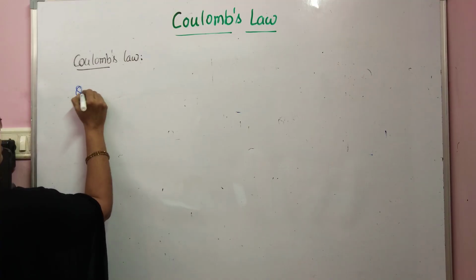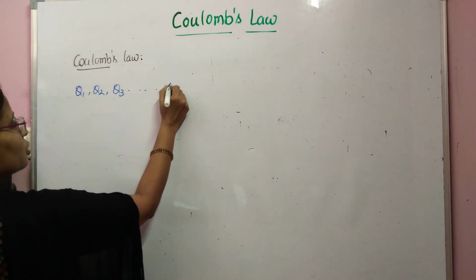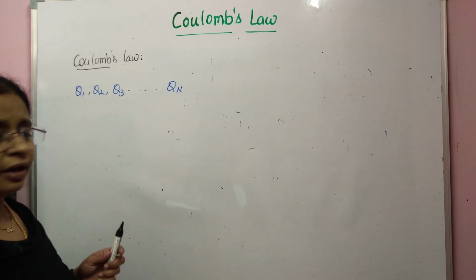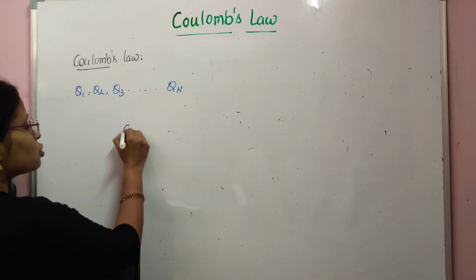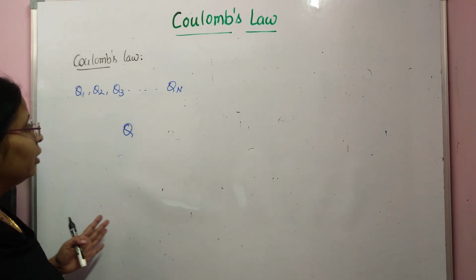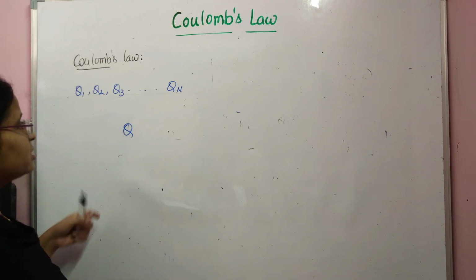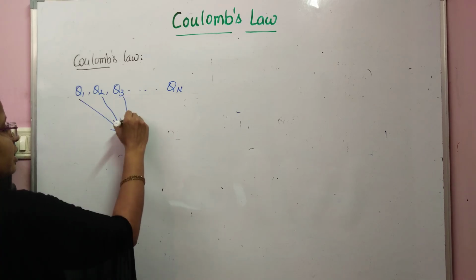I'll write that. Assume that there are charges like Q1, Q2, Q3, etc., Qn, and all these charges are exerting force on Q. All these are point charges. So this one is exerting the force on Q and this one is also exerting force like this.